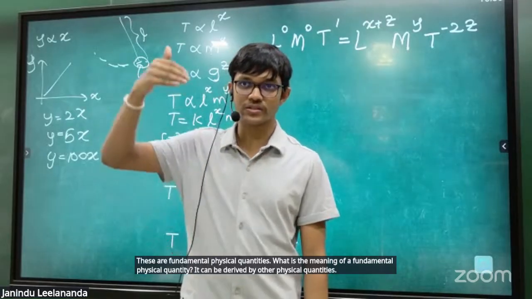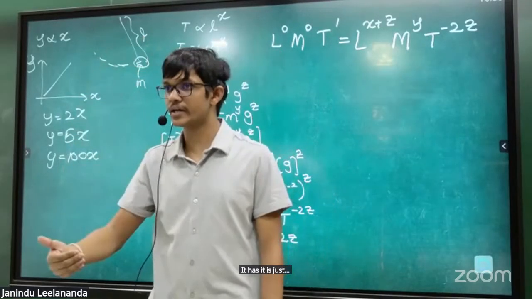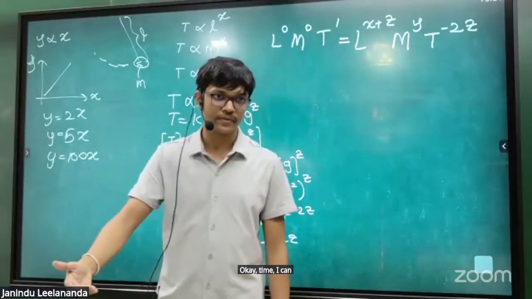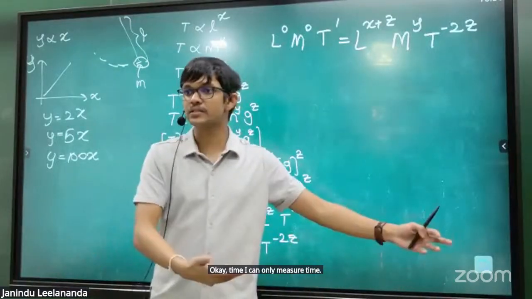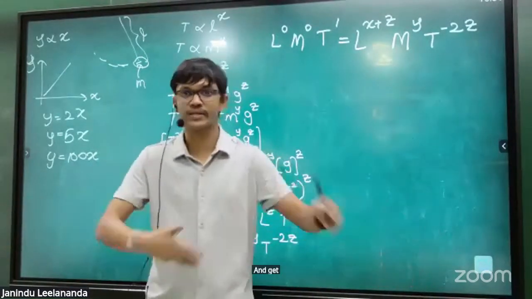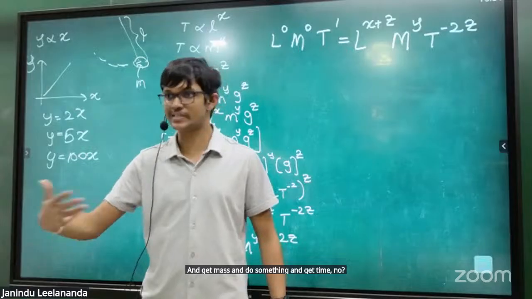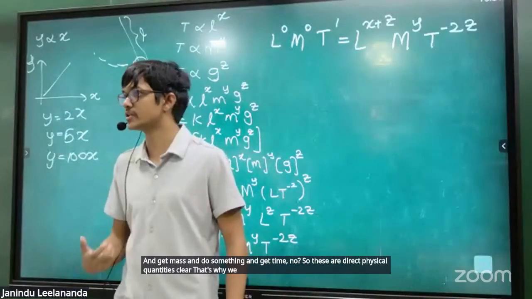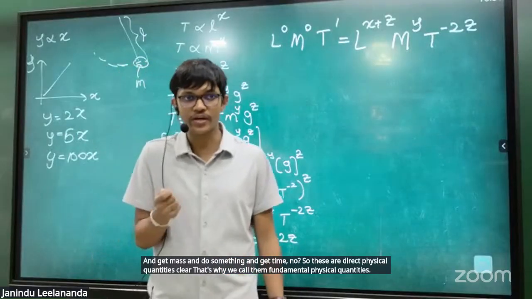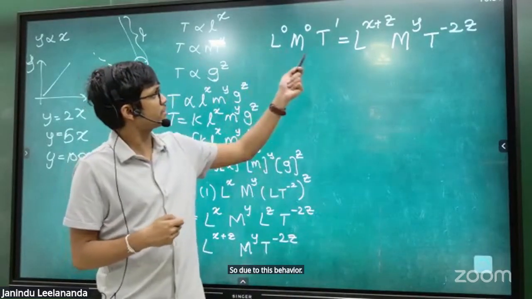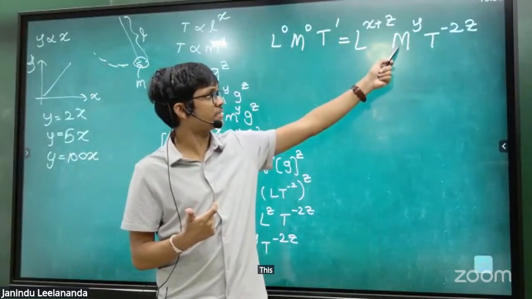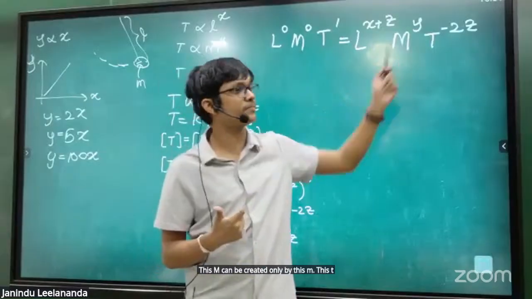It's unique, okay? Time, I can only measure time. I can't measure length and get mass and do something and get time. No. So these are direct physical quantities. Clear? That's why we call them fundamental physical quantities. So due to this behavior, this L can be created only by this L, this M only by this M, and this T only by this T.